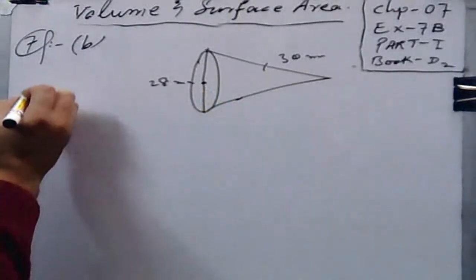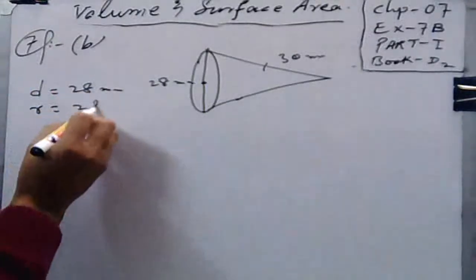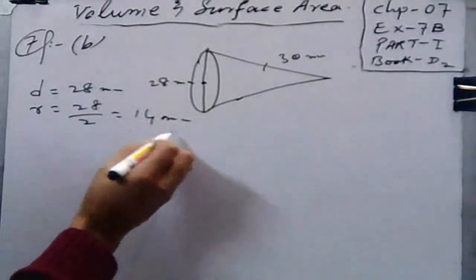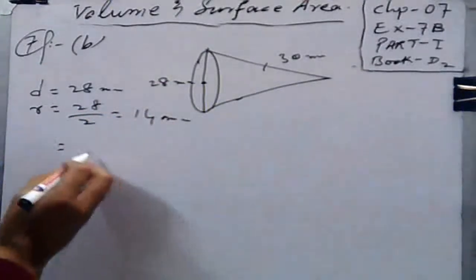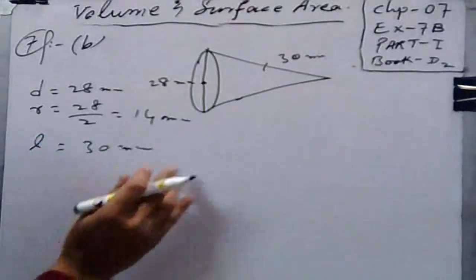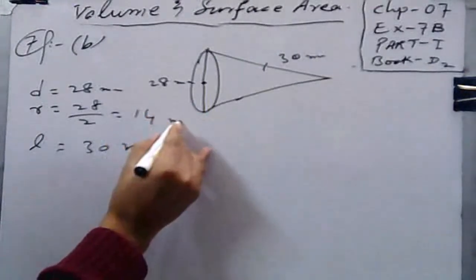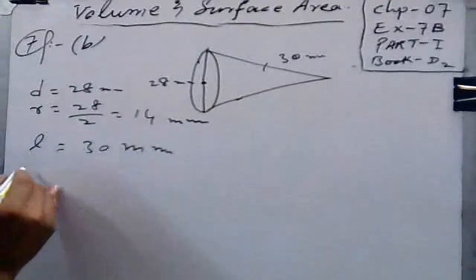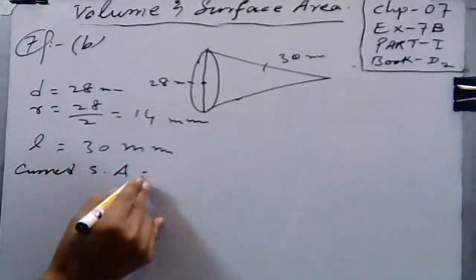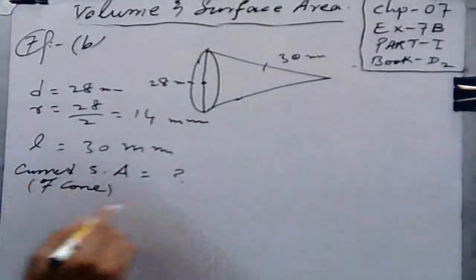So you can see here the diameter is 28 millimeter, but you need R. 28 divided by 2, you will get 14 millimeter, and the slant height L is 30 millimeter. It is given to you.